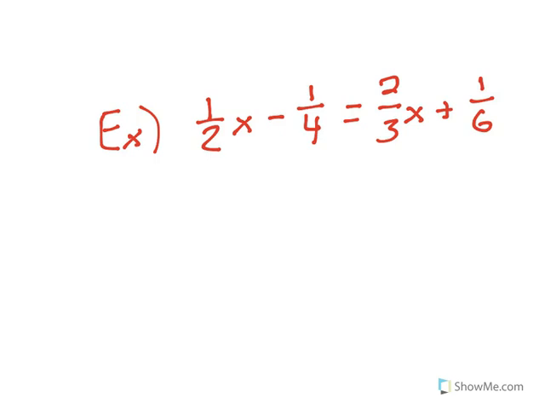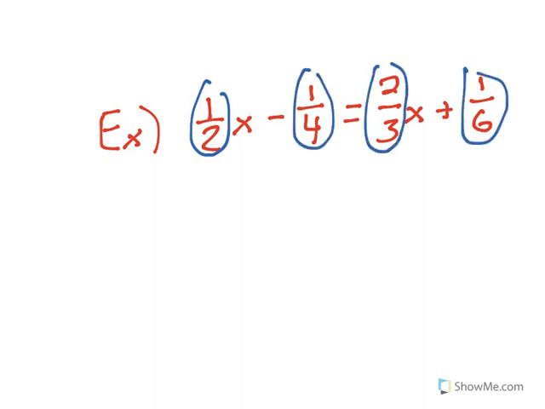So I want to look at all of them. 1/2, 1/4, 2/3, 1/6. I look at my denominators. I've got a 2, a 4, a 3, and a 6. I need to find a number that 2, 4, 3, and 6 can all go into.